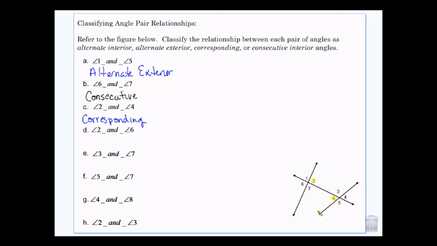2 and 6, opposite sides of the transversal, interior. So alternate interior. 3 and 7, same.